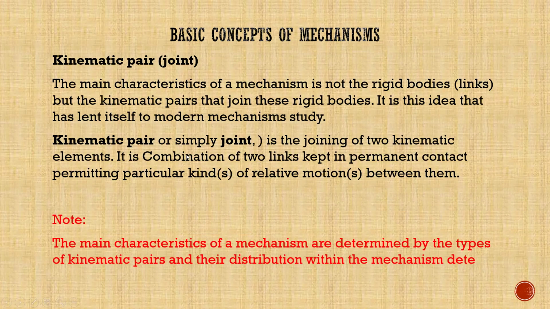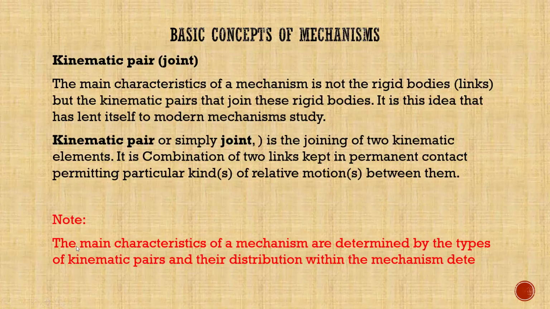A kinematic pair, or what we call simply a joint, is the joining of two kinematic elements, right? It's a combination of two links kept in permanent contact, permitting a particular kind, or kinds, of relative motion between them.